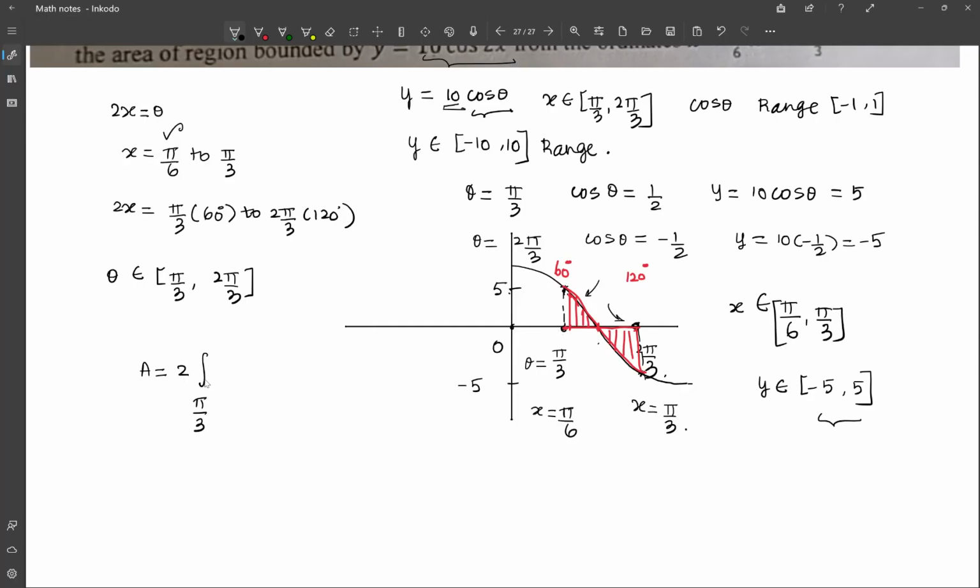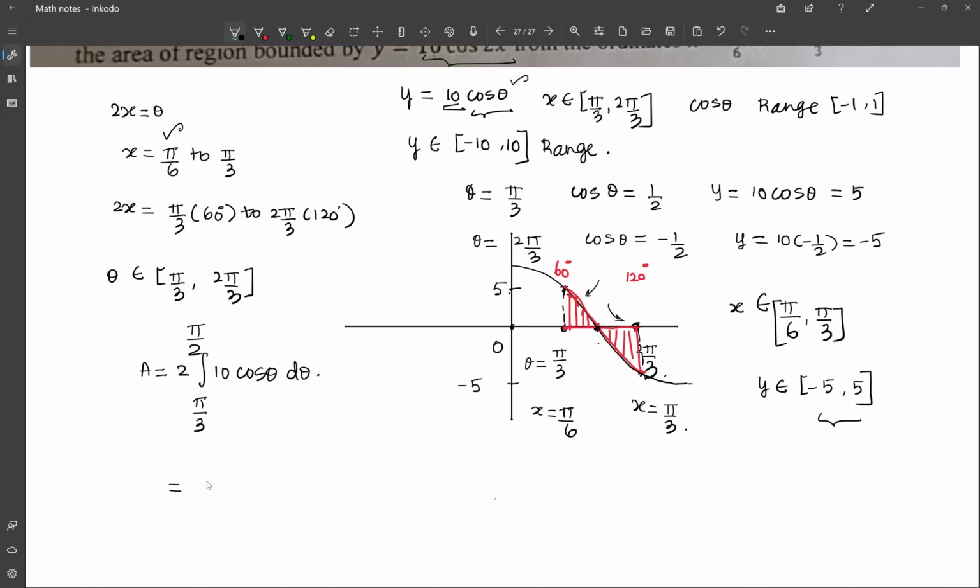So y is equal to 10 cos theta, 10 cos theta d theta, and the limits would be between pi by 3 and, that would be 1.5, which is pi by 2. I'm sorry, this should be pi by 2, correct.